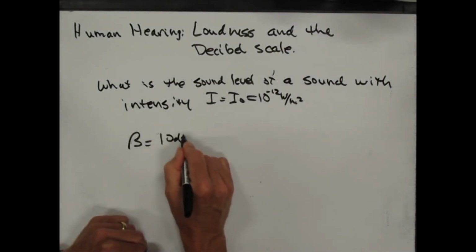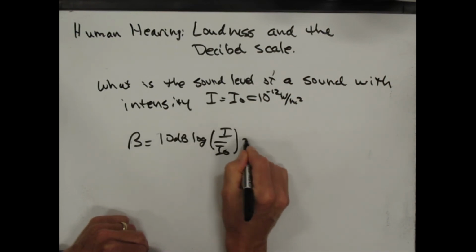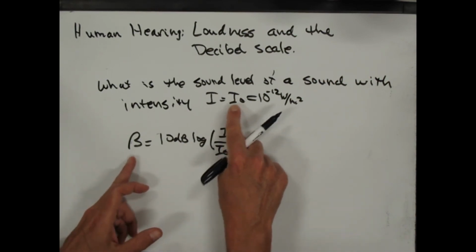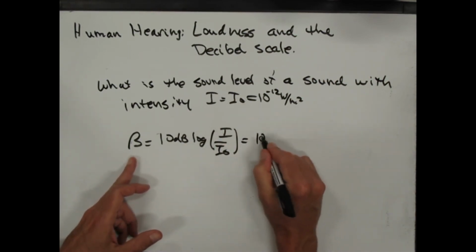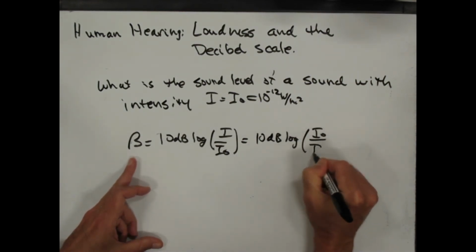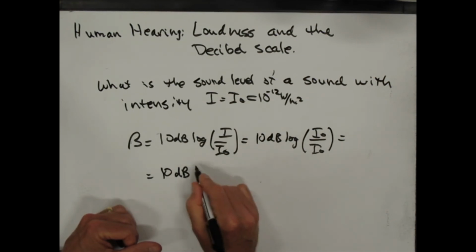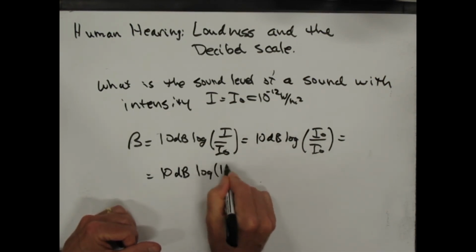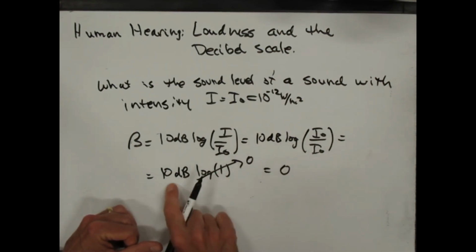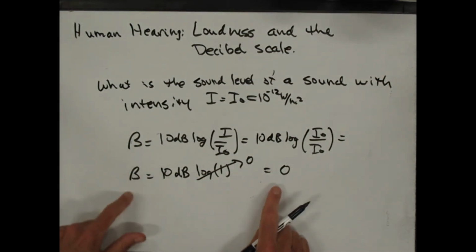Beta is 10 decibels times the log of I over I0, right? But we're saying the intensity of the sound is the same thing as I0. In other words, what's the sound level for the lowest threshold we can hear? Well, that's just 10 decibels times the log base 10 of I0 over I0, which is equal to 10 decibels times the log of 1. But the log of 1 is just 0. And so that's just equal to 0, because 10 decibels times 0 is 0. And so on the decibel scale, the lowest sound level you can hear is 0.